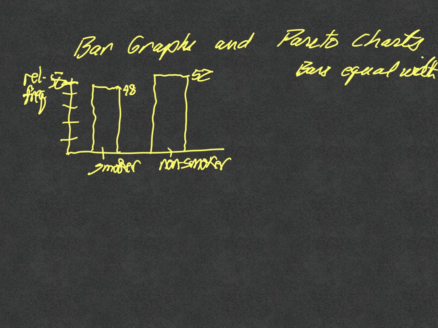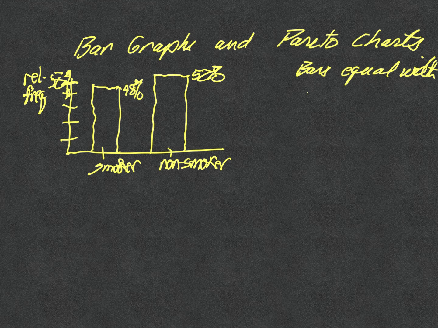Or it could be in terms of percentages, and that's why I picked 100. So this would be 50%, and this would say 48% of them were smokers and 52% were non-smokers. Now, that only happens because I picked 100 people, but it could be a relative frequency, and that's a bar graph. What's a Pareto chart?